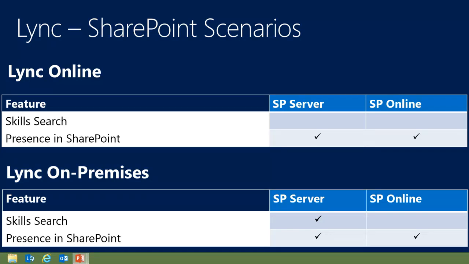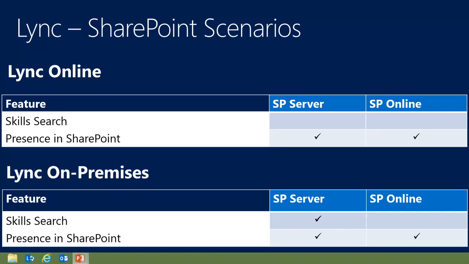Skill search, however, is a personal favorite of mine. We've got quite a few employees at Microsoft, and there are times you are looking for people to answer questions. I Am an Expert is a great platform as long as users are actually subscribing to it. At Microsoft, it's opt-in only. If you don't sign up for that, I can't find you. However, with skill search, I can look for, say, somebody in finance.